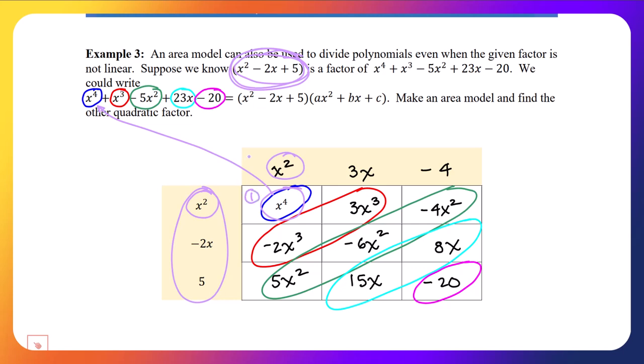So that's the first step, even though they filled it in for us. Here is the second. Now that I have x squared, I can multiply here and get the negative 2x cubed. And multiply here and get the 5x squared.